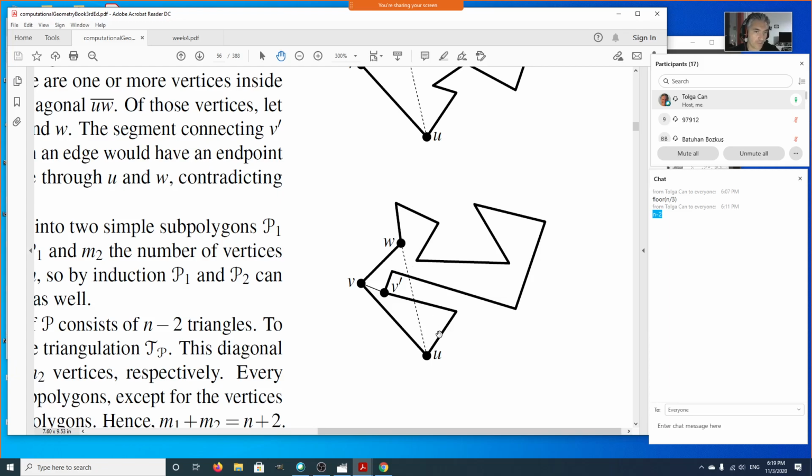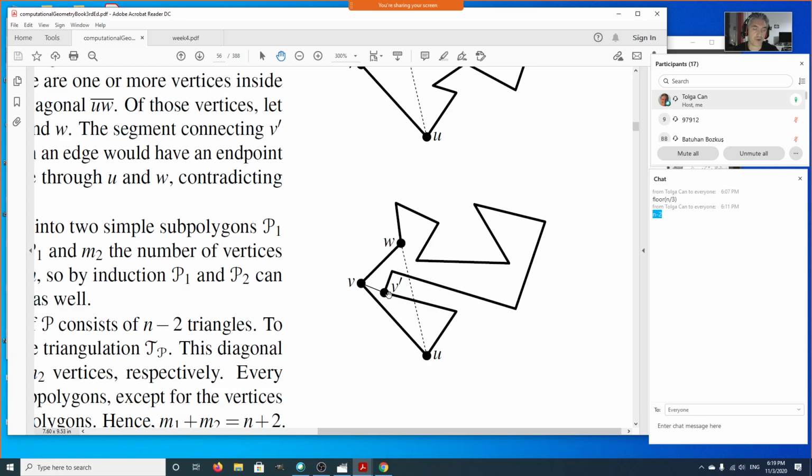UW is not always a safe diagonal, but if there are some vertices to the left of UW, let's pick the one which is farthest away from UW. Let V prime be that one in this figure.